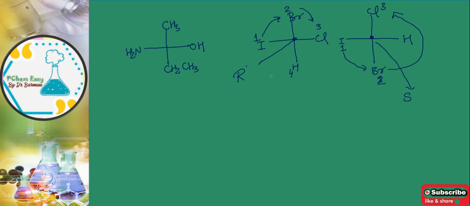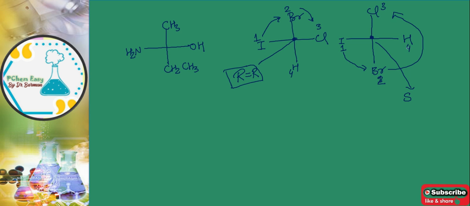But also we have to see the least priority group, that is the hydrogen. Hydrogen is the least priority group among all of those. It is in a vertical line, so that R will remain R only. We will not change it. But here, the least priority group, the hydrogen, lies in a horizontal line.